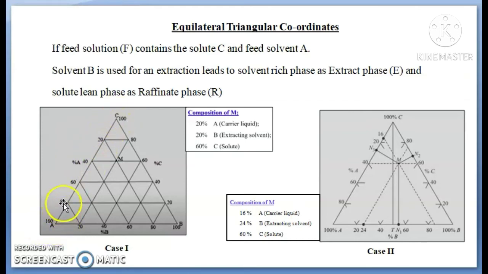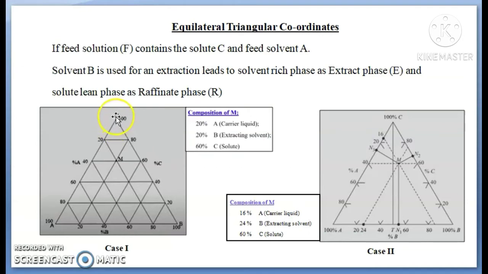If we see the concentration, the apex A is showing 100% of A, which decreases subsequently up to the point C, where it is 0, and where the solute C is 100%.